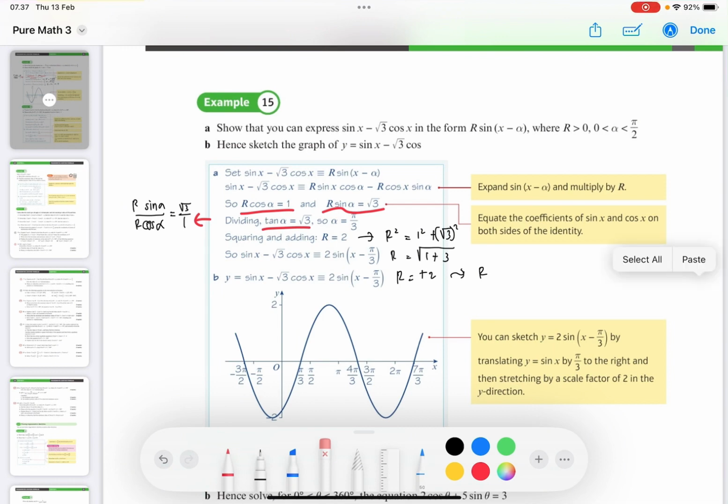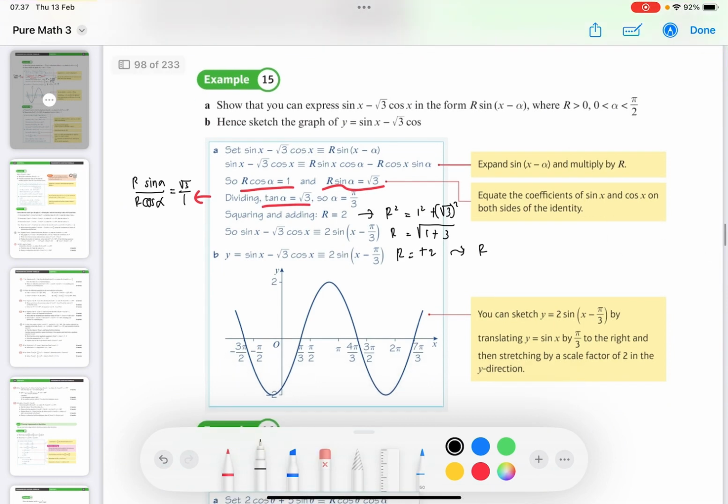Okay. After that, we will come up with this r and here also the alpha. Then we have done for part A, right? For part B right here, hence sketch the graph of y equals sine x minus root 3 cos x. The problem with this function is it's hard for us to sketch the graph of this function.